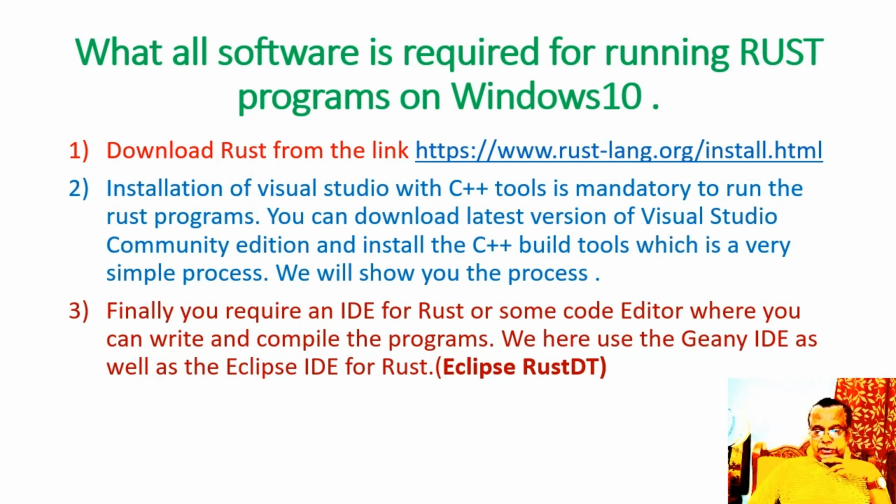I will show you how to download the Eclipse IDE, and similarly how to download the Geany IDE. It's all very simple. So these are the three steps. That means there are three software required for running Rust programs on your Windows 10 platform.